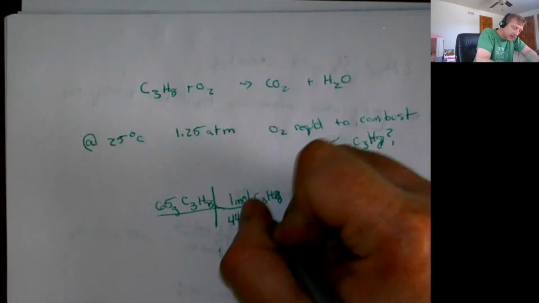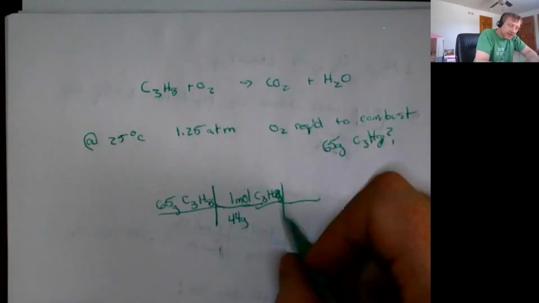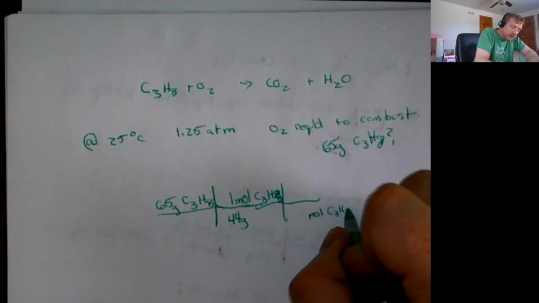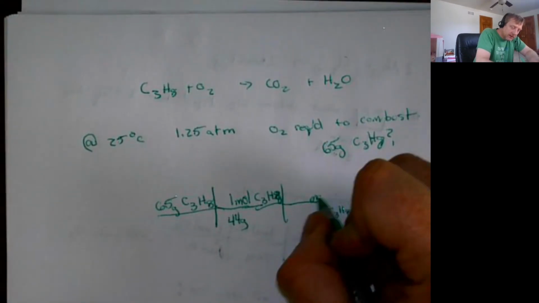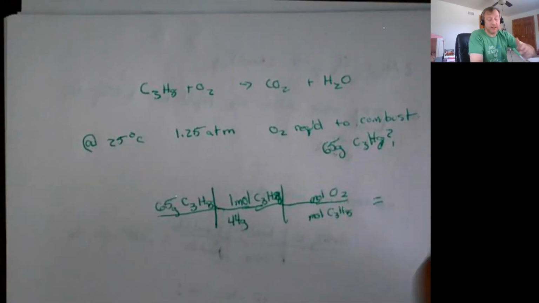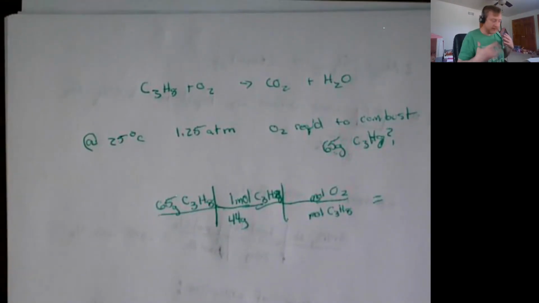Okay, and then I want to change my substances, so I want to get rid of those moles of propane, and I want to move to my moles of oxygen. And then once I get that answer, I'm ready to do my new work with either the ideal gas law or combined gas law.